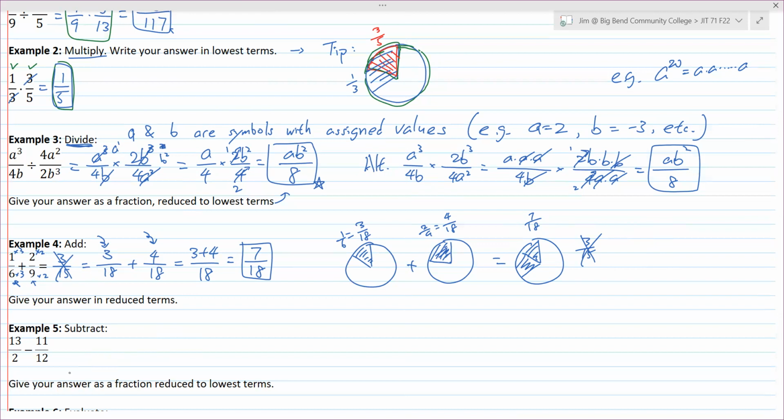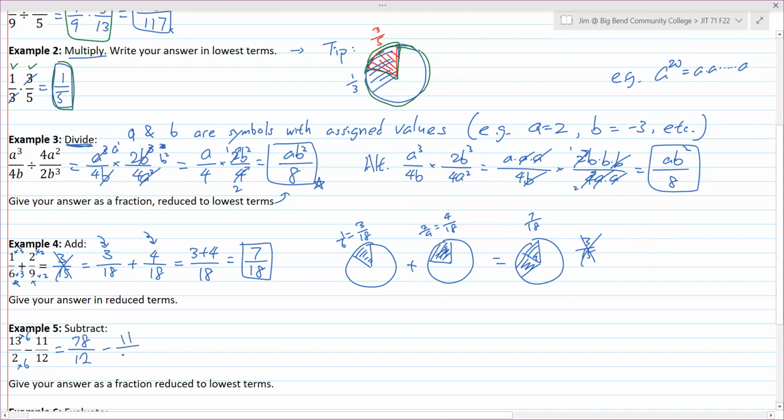Example 5, subtract. Subtracting is similar to adding. Find the common denominator first, and the common denominator will be 12, because for the first fraction, you multiply the two numbers by 6, and you'll end up having 13 times 6, which is 78, over 2 times 6 equals 12.